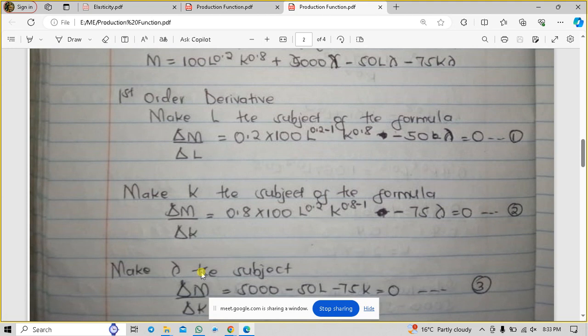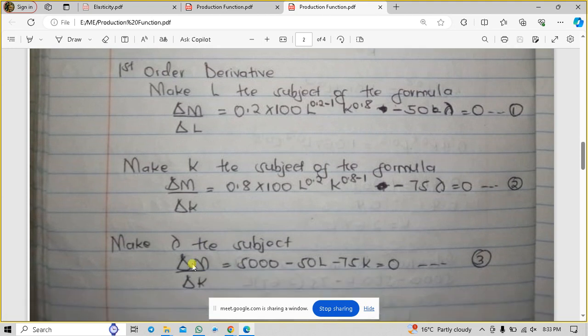Equation number 3, we make mu the subject of the formula, and this one is easier. Just a minute, I finish the third here, and then you can ask.